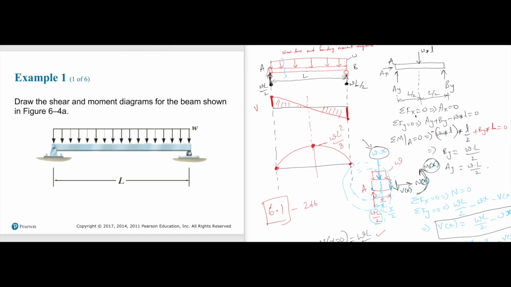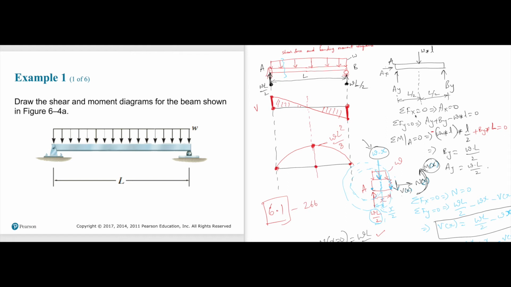So you should know how to draw shear force and bending moment diagram, because once you draw the shear force, tell me at which point do you have highest shear force? At x equal to 0 and x equal to L, you have the highest shear force. At which point do you have highest bending moment?